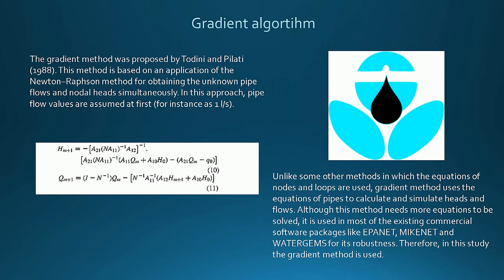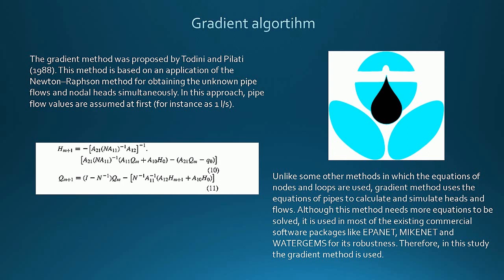Improved pipe flow values obtained from the first iteration are considered as the initial values for the next iteration, and this procedure continues until the maximum difference between the calculated values for the pipe flows in two successive iterations is negligible. In this method, there is no need to balance the continuity equation of nodal flows to start the iterative calculation.